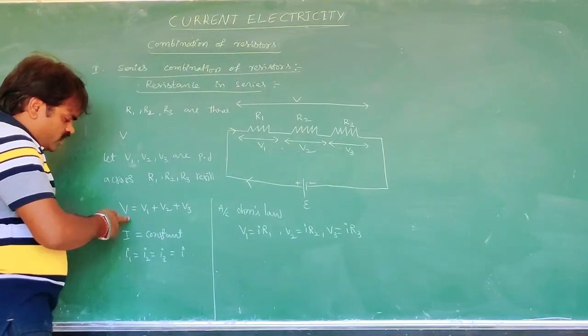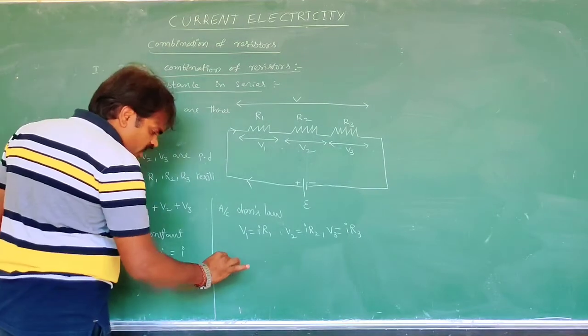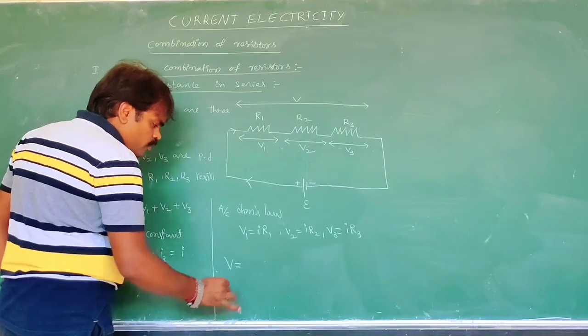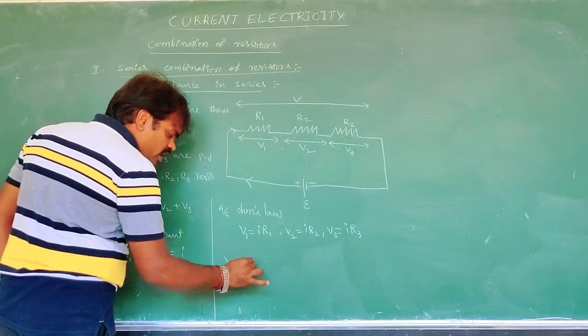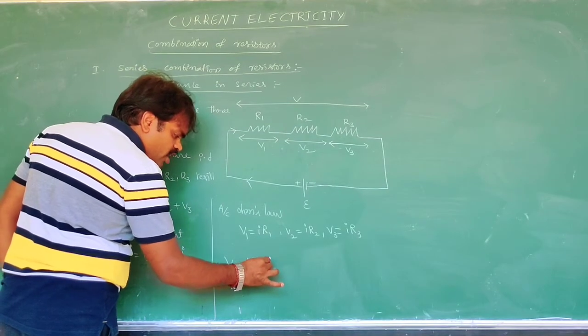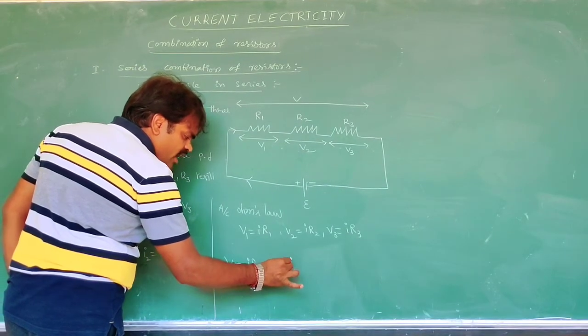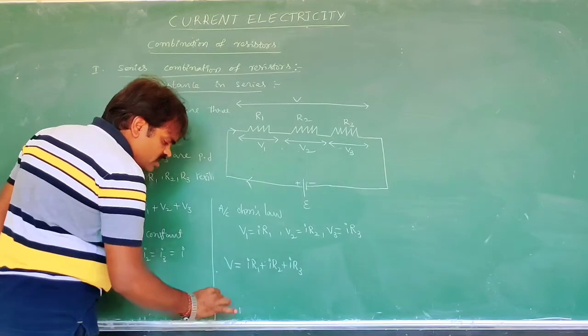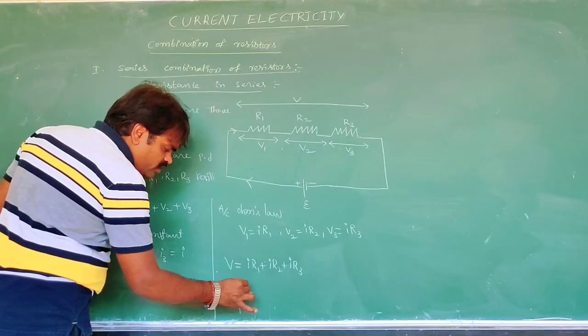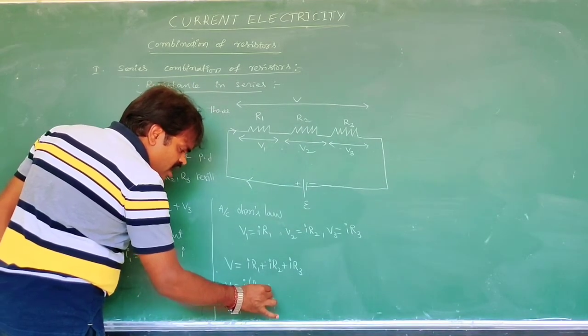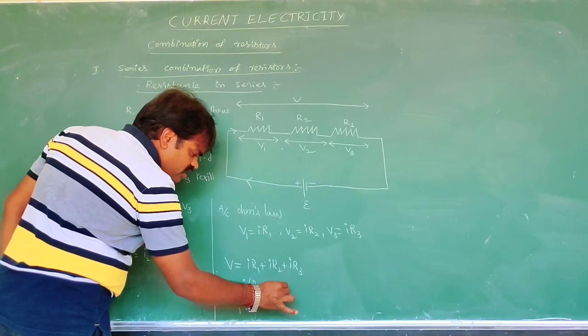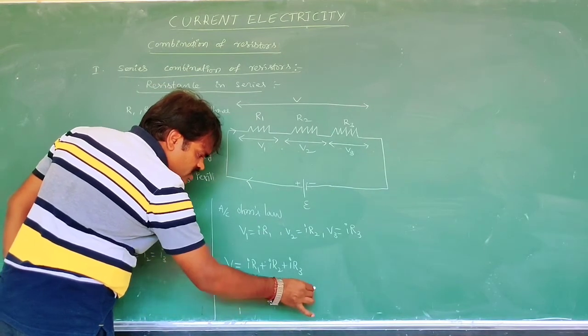These are substituted in this equation. We get V is equal to IR1 plus IR2 plus IR3. That is, V is equal to I times R1 plus R2 plus R3. This is equation 1.